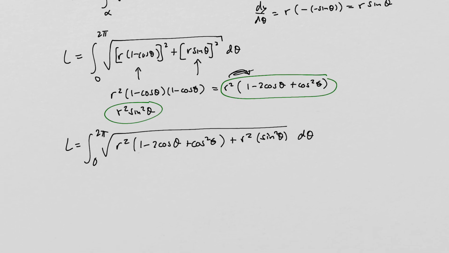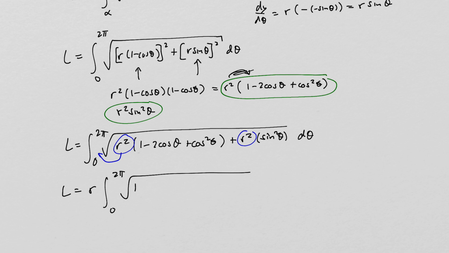Now from here, what we're going to do is factor the r squared here and here completely out of the radical. And when you do that, you're going to get an r out in front. And inside the radical, we have 1 minus 2 cosine theta plus cosine squared theta plus sine squared theta d theta.